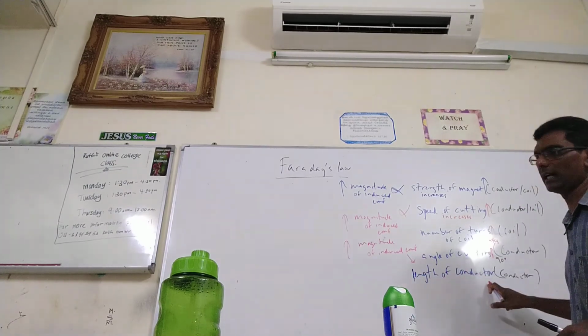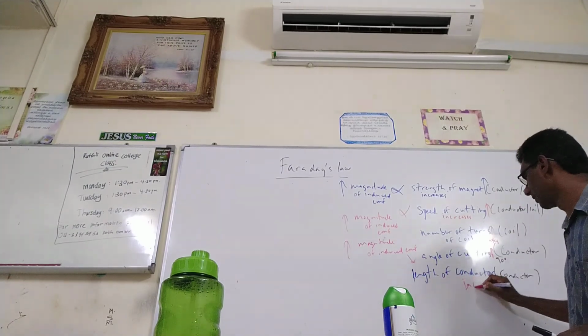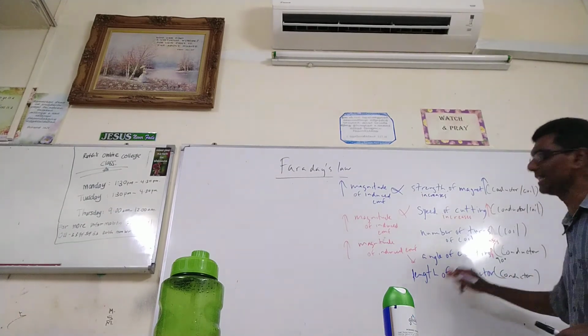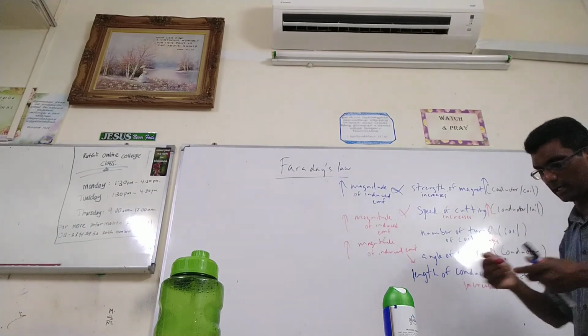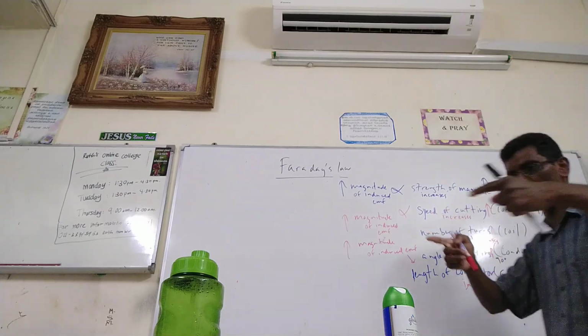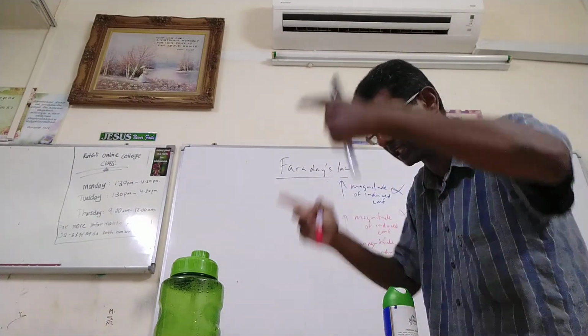And the length of conductor increases. For cutting the flux, a longer conductor cuts the flux longer.